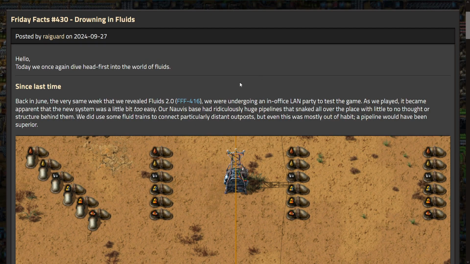And now they had an in-office LAN party right after they revealed this old change, and they determined that it was too easy. They had huge pipelines everywhere that snaked through the entire base.